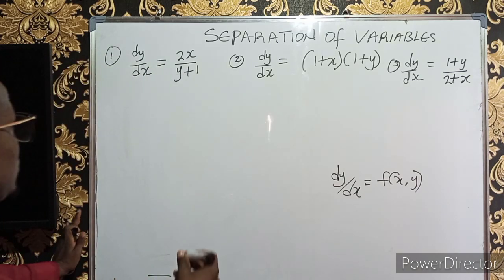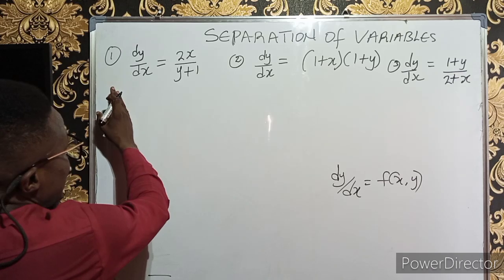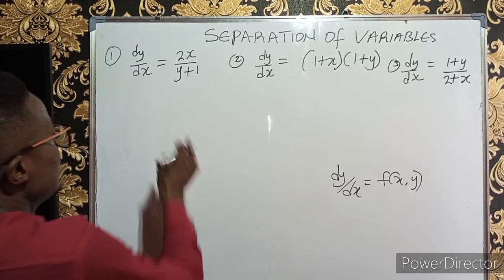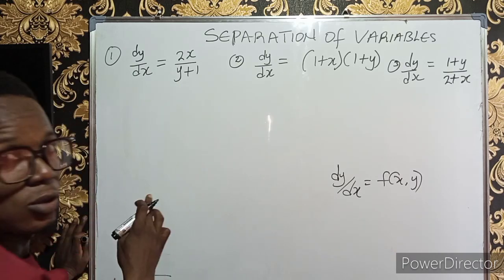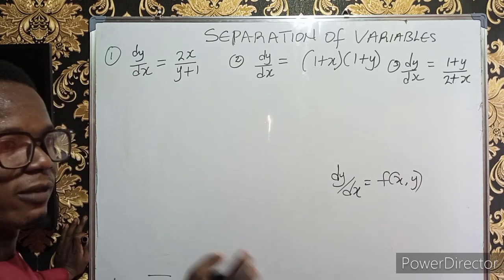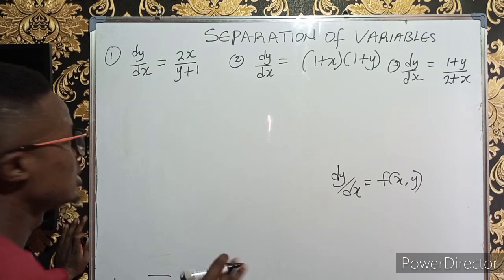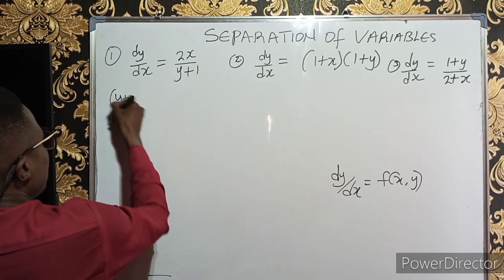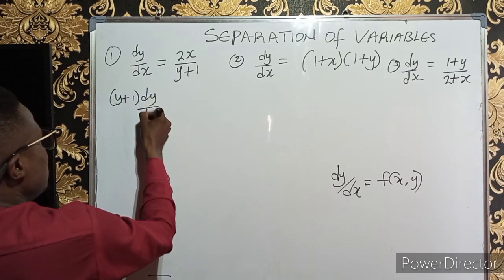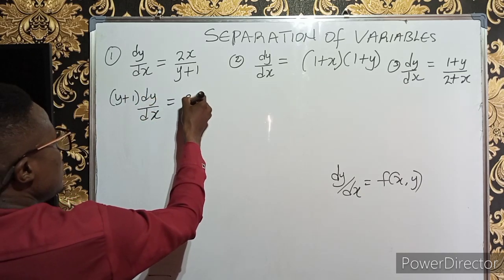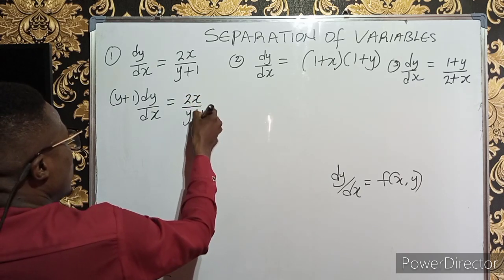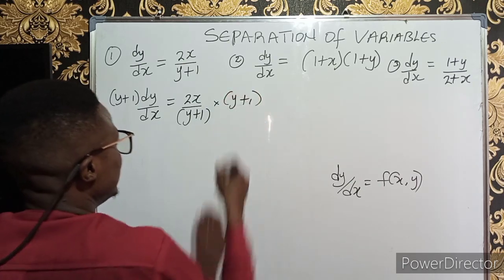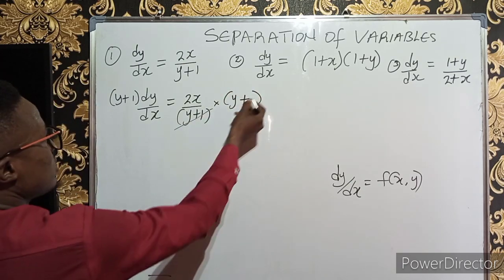So here, to move this y to the left hand side, I can choose to multiply both sides by (y plus 1), so that y plus 1 will cancel out. And remember, in an equation, whatever you do to both sides keeps it balanced. So multiplying both sides by y plus 1, I'll have (y plus 1) multiplying dy over dx equals 2x over (y plus 1) being multiplied by (y plus 1), so that y plus 1 cancels out.